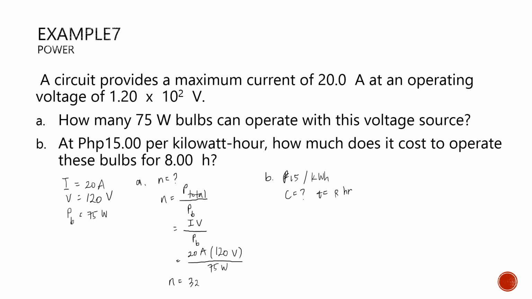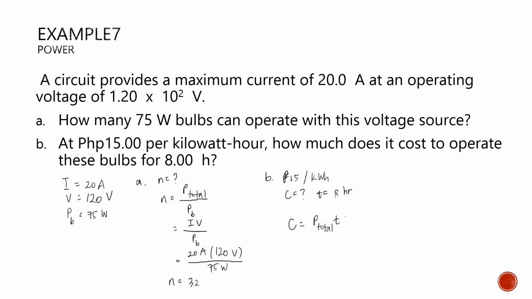So just directly use the formula. So I am labeling the total cost using letter C. So we're going to multiply the total power and the time and the 15 pesos per kilowatt hour.